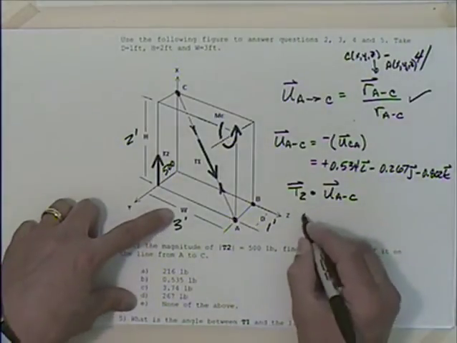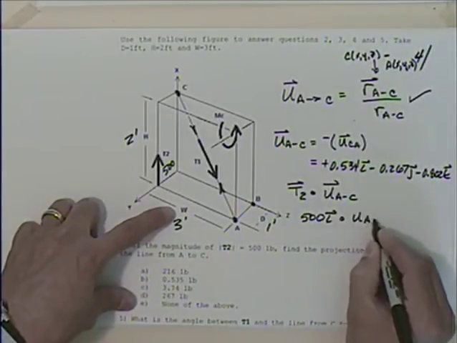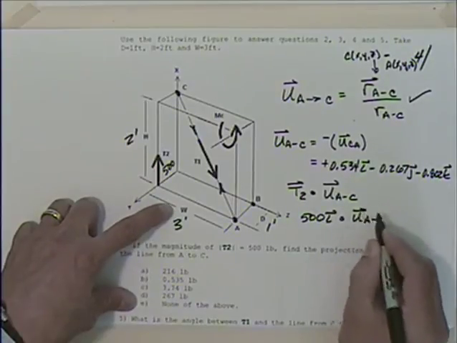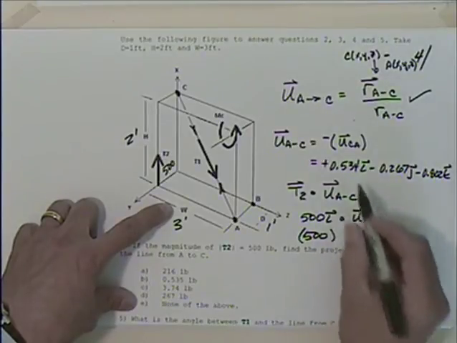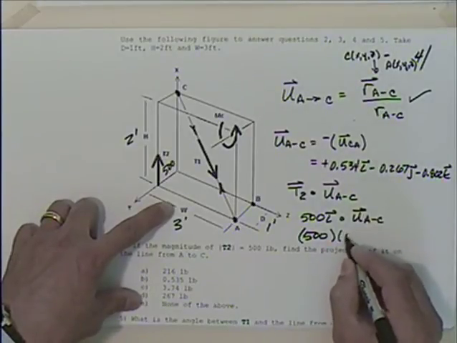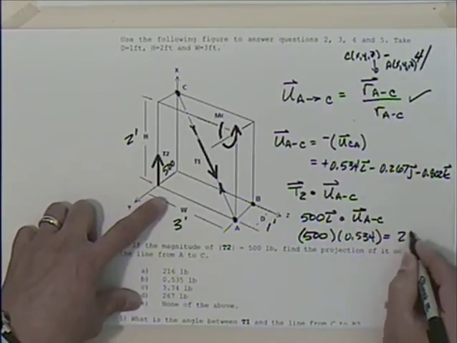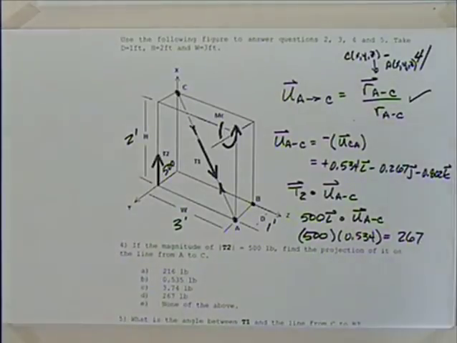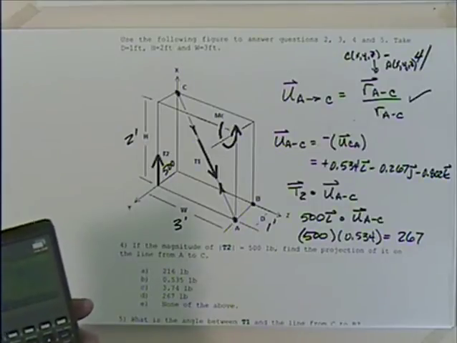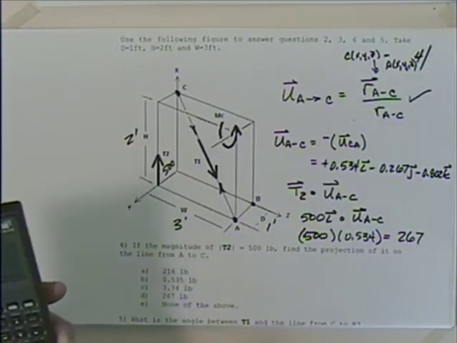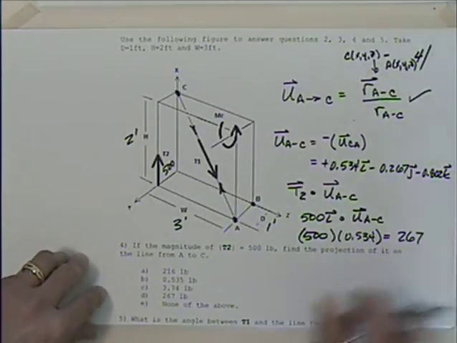So I have 500 in the I direction dotted with the unit vector A to C, which is going to give me 500 times what? I just look at the I term, 0.534, which gives me 267. Let me double check that. Yeah, 267. Okay, so 267. Hopefully I have that answer there.